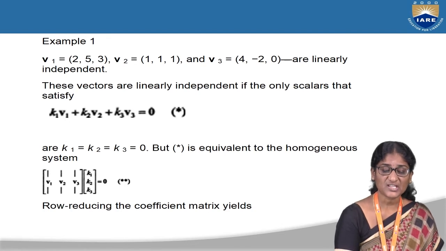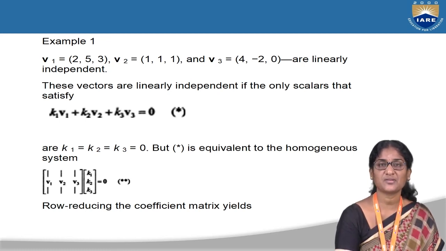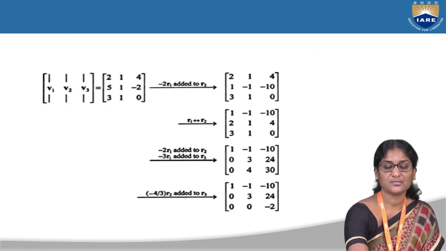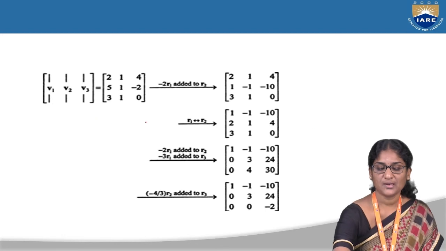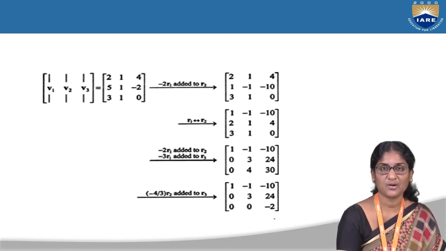Okay. So next question we can have 2, 5, 3, 1, 1, 1. Follow the same procedure of finding the determinant of the matrix to check whether they are linearly independent or dependent. 4, -2, 0, right? Okay, so I'll try to frame this equation, and here I didn't go for the determinant method.